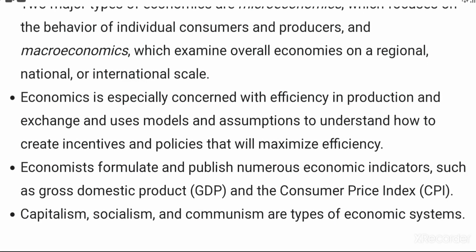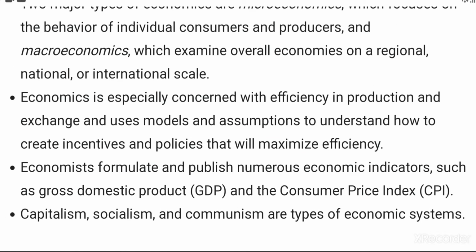Economics is especially concerned with efficiency in production and exchange and uses models and assumptions to understand how to create incentives and policies that will maximize efficiency.